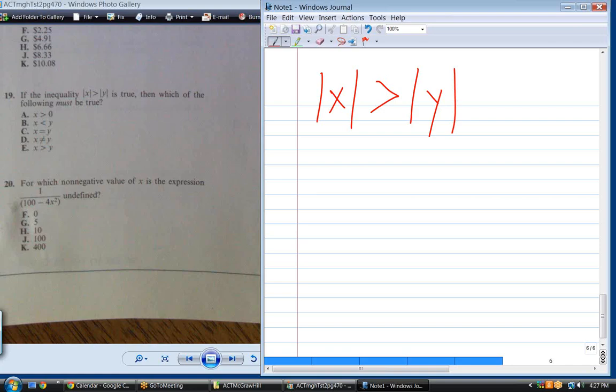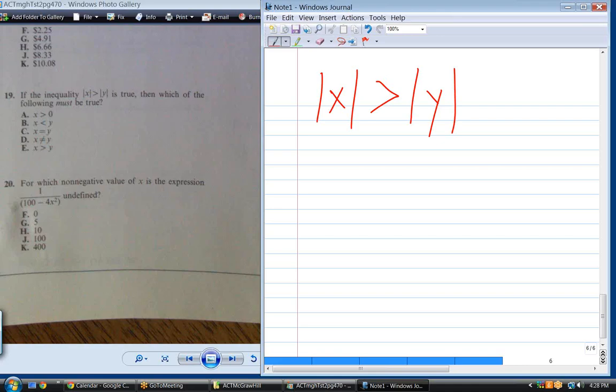Okay, does x have to be less than y? No. Can x be equal to y? No. Does x have to be greater than y?